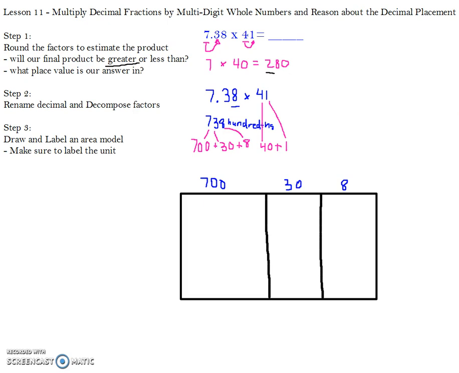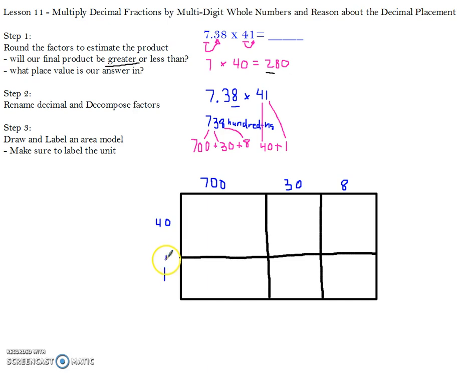Then on the side, I have 41, which is 40 plus 1, so I'm going to have one larger column for the 40 and one smaller column for the 1. And then I will label them with 40 and 1.